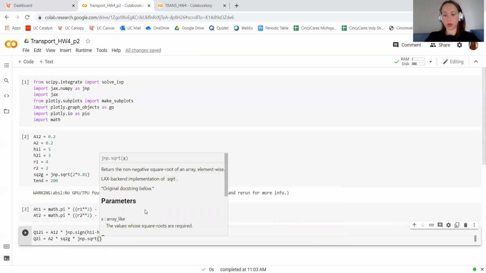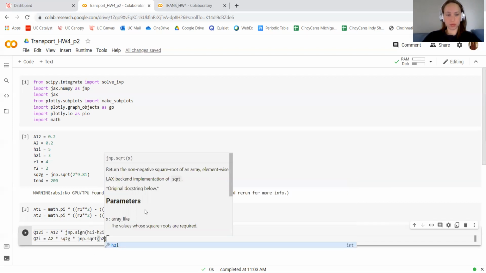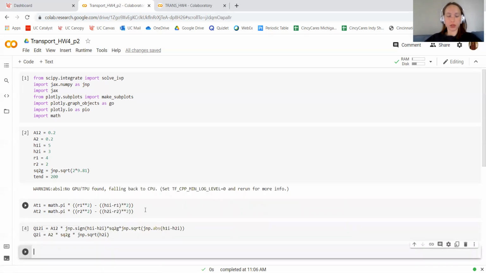We just had the square root of 2 times gravity times the second initial height. Okay, so now we have those flow rates.